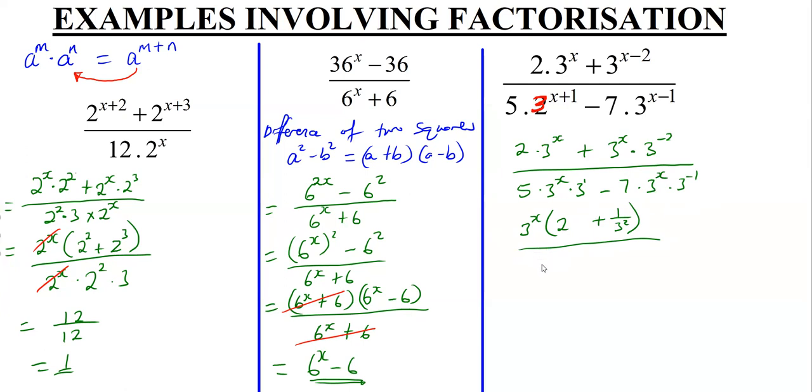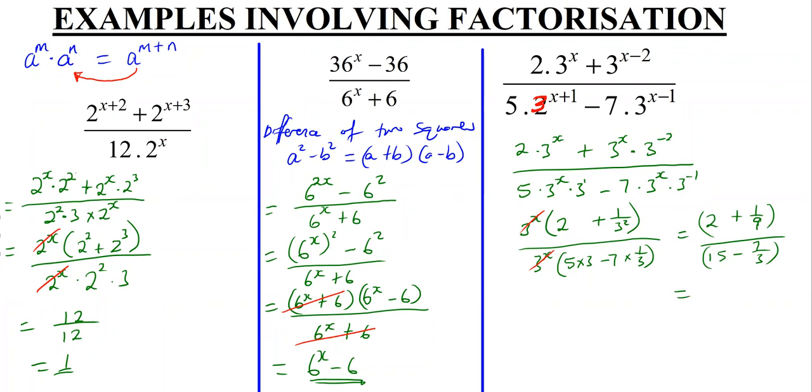Let's also factor 3^x, it is common as well. 3^x in brackets, 5 times 3 minus 7 times 1 over 3. So what we have now is that we can cancel this, and we are left with 2 plus 1 over 9 on top, 15 minus 7 over 3.